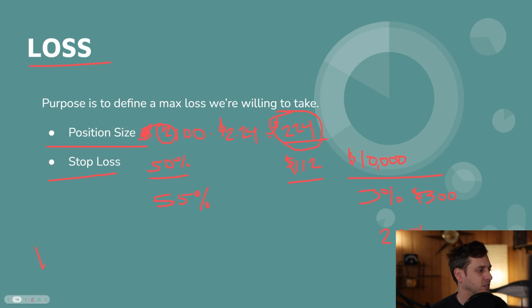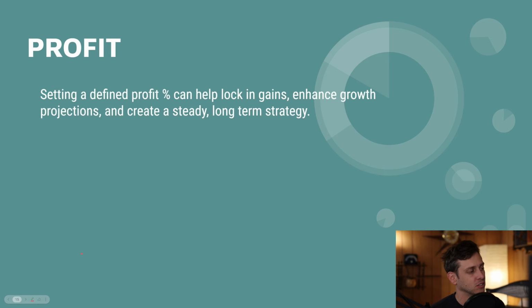Now, on the other side is going to be your win percentage, which is your profit: how much are we willing to take and win? So you want to set a defined profit percentage so you can lock in those gains. That would be my recommendation to start. You hear a lot of people talk about letting your winners run.